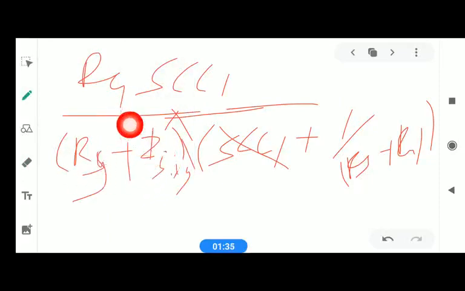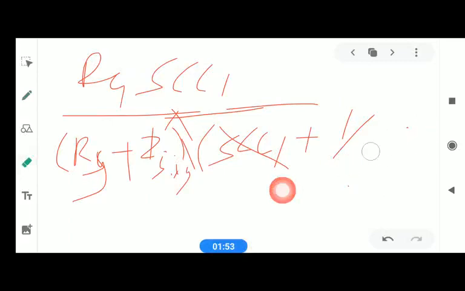So this RG plus R signal is taken common, and under the bracket we get S CC1 plus 1 divided by RG plus R signal.